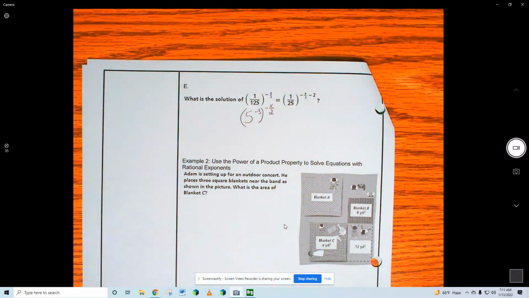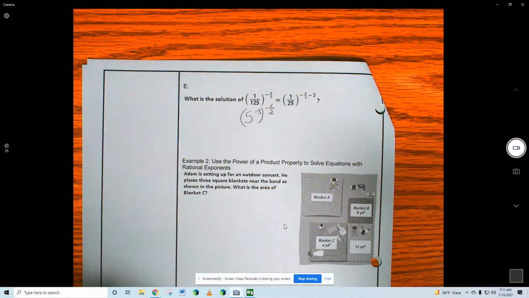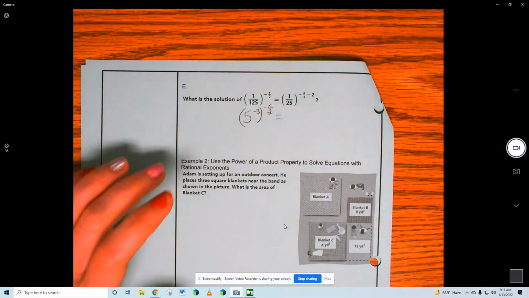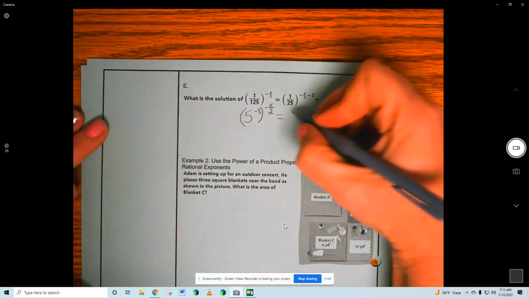So 1 over 25 would be what? Just 25. Find 25 on the board. So if it's 1 over 25, that's going to be 5 to the negative second.